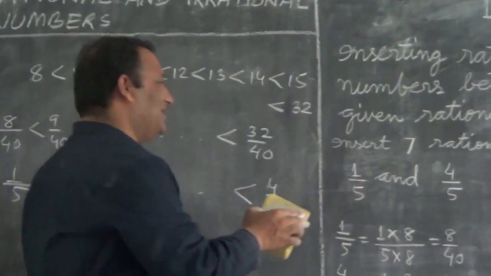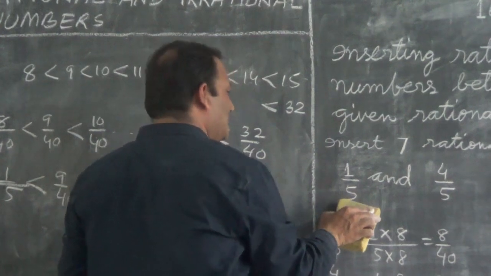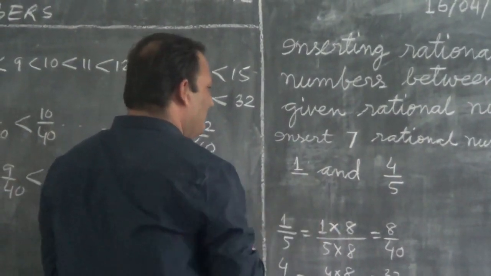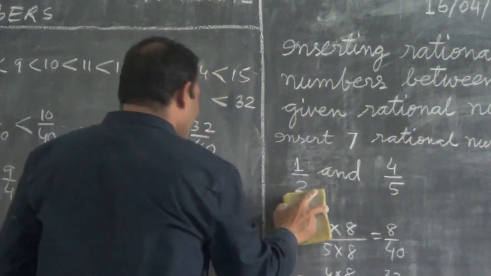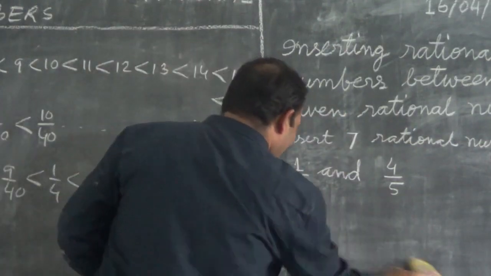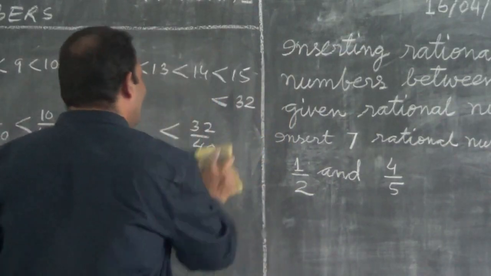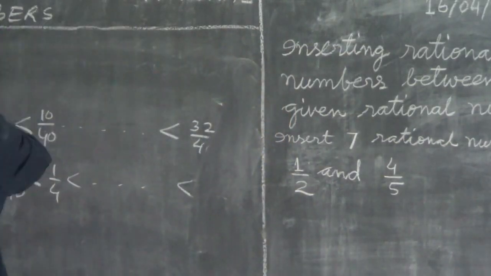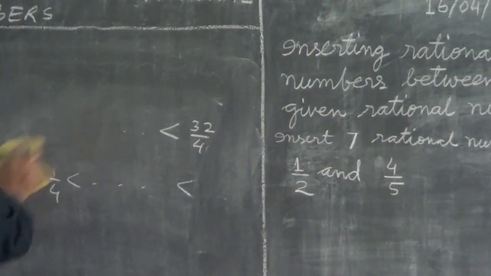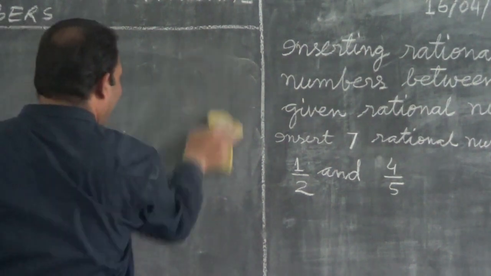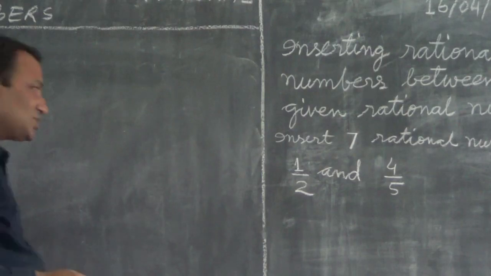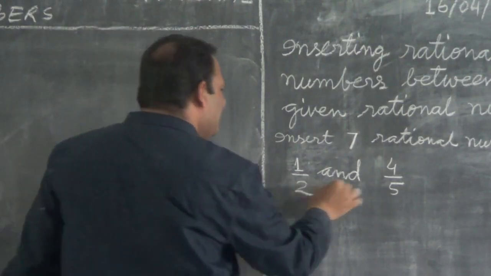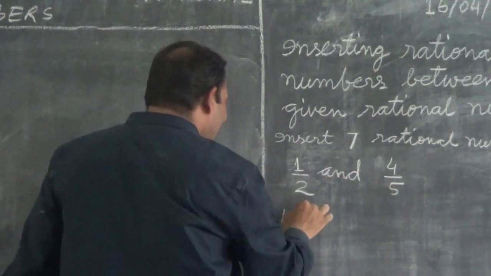Now if the denominators are not the same, then what to do? I want to insert again 7 numbers between 1 by 2 and 4 by 5. So I will make the denominators equal.